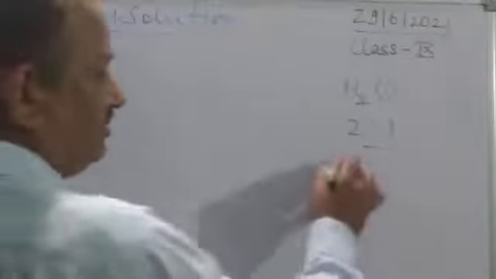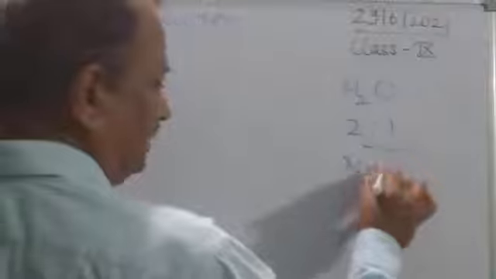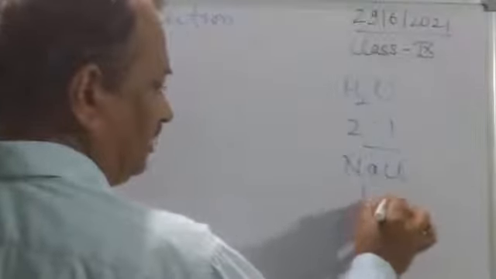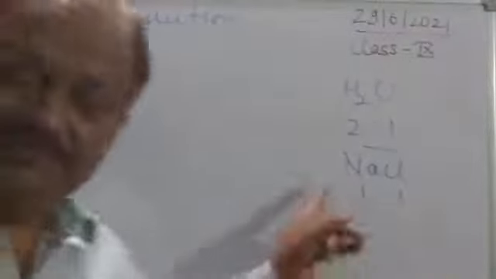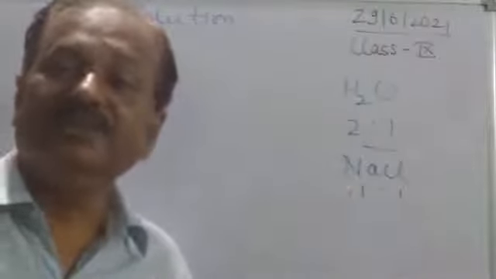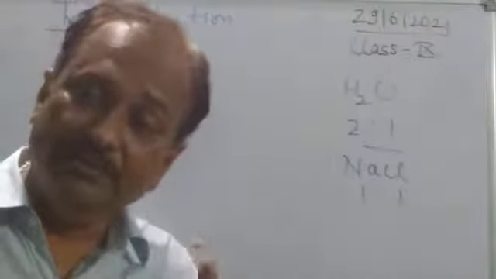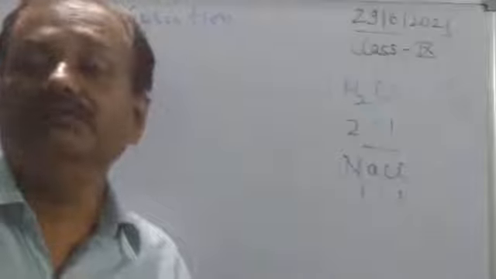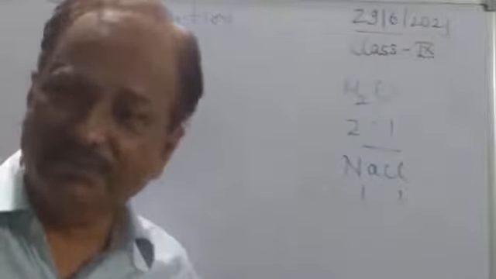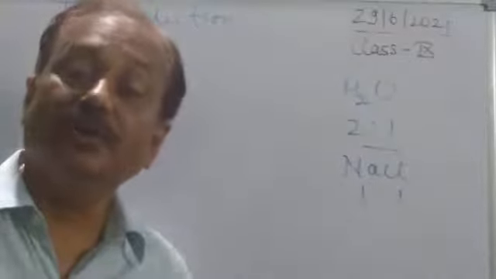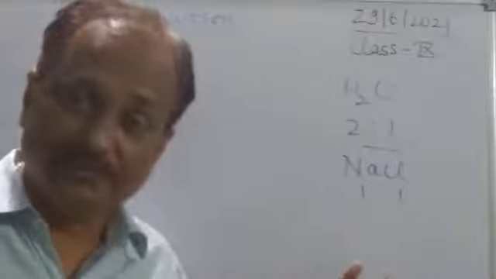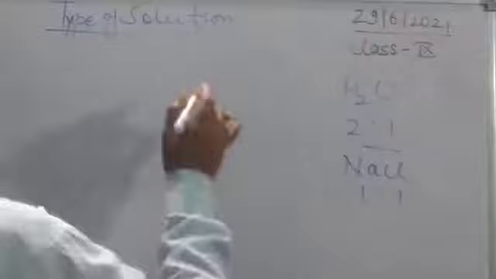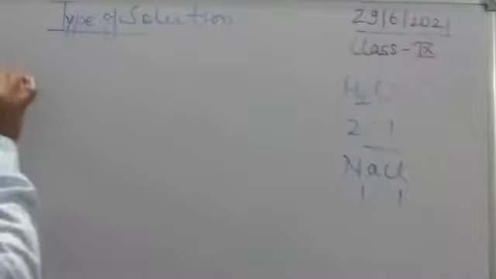Take common salt, sodium chloride: it has 1 part of sodium and 1 part of chlorine. These are examples of compounds. So in a compound, the percentage composition of different elements is always found to be constant. Now coming to the main point, solutions are actually mixtures.